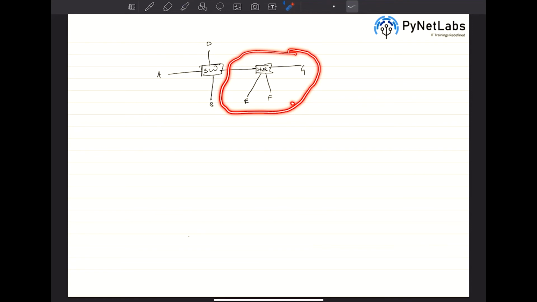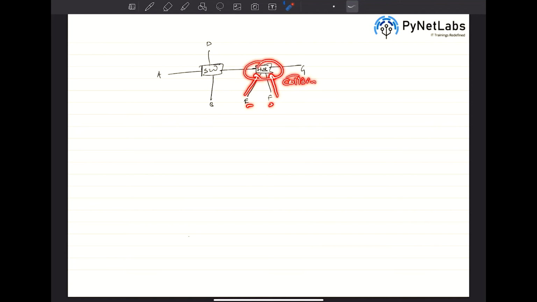This is going to create an issue in that only E, F, or G will be able to forward traffic, because the hub doesn't have multiple collision domains. If E and F both try to send traffic from here and from here, this will be a collision, and even if a switch is placed in the network, it will still go down. However, there is no collision at this point. The collision is over here at the hub. That's how it works. Make sense?